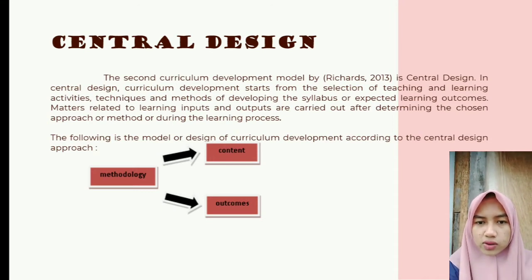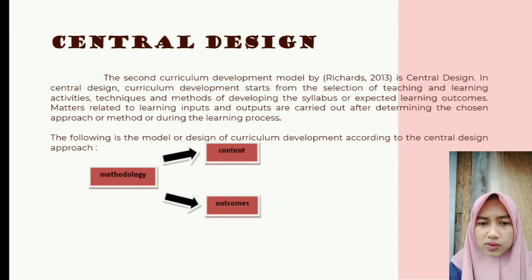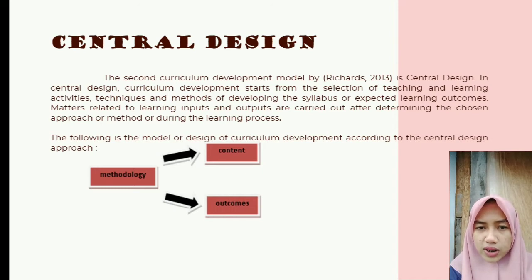In central design, curriculum development starts from the selection of teaching and learning activities, techniques and methods, before developing the syllabus or expected learning outcomes. Matters related to learning inputs and outputs are carried out after determining the chosen approach or method, or during the learning process.